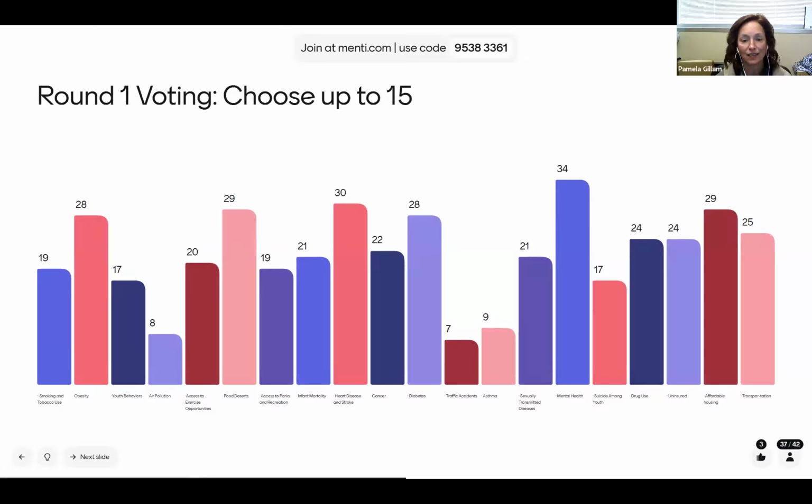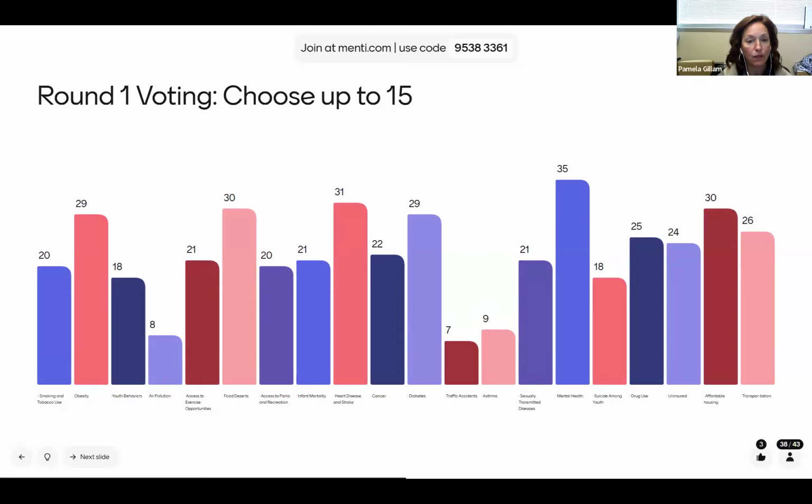Okay. This 38, all right. So we definitely know, based on what we've got here, that we're going to be eliminating air pollution, traffic accidents, and asthma.